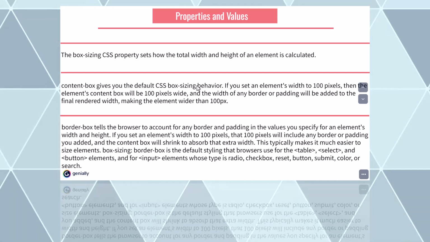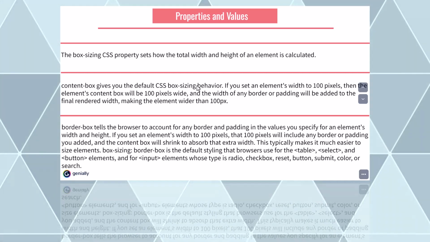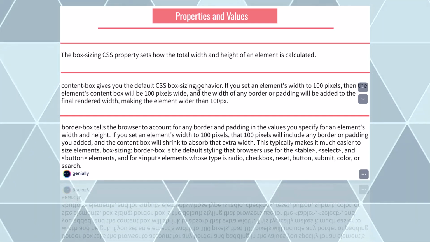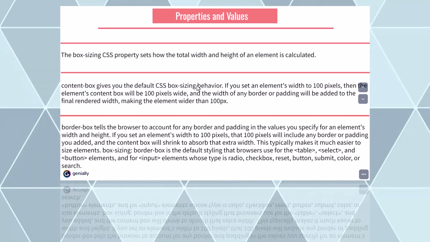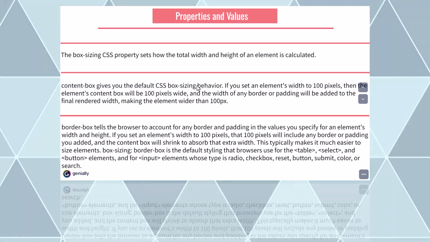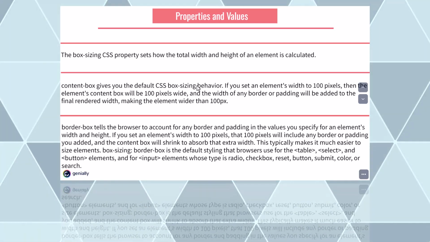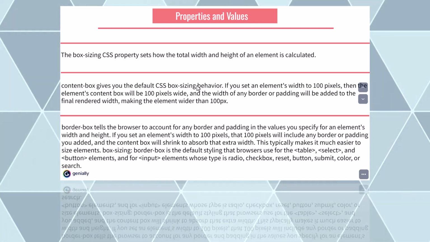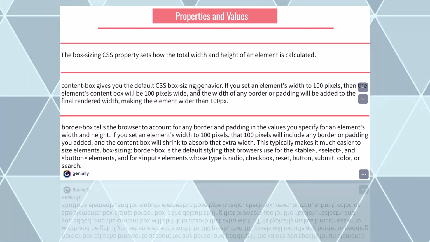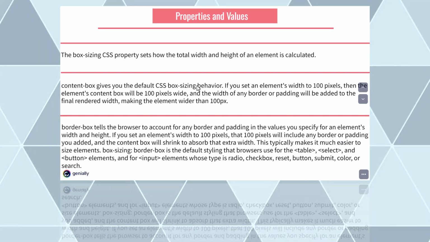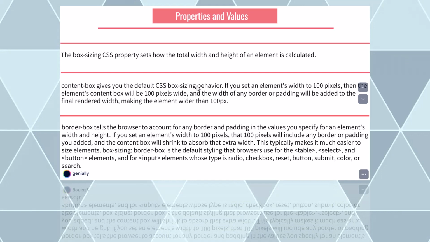Okay, can you read content box for me? The content box. Yes. Content box gives you the default CSS box sizing behavior. If you set the element's width to 100 pixels, then the element's content box will be 100 pixels wide, and the width of any border or padding will be added to the final rendered width, making the element wider than 100 pixels.